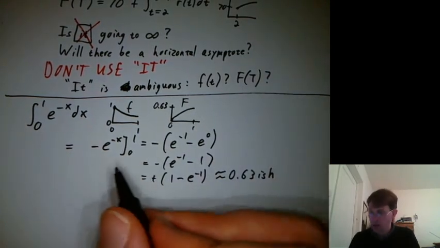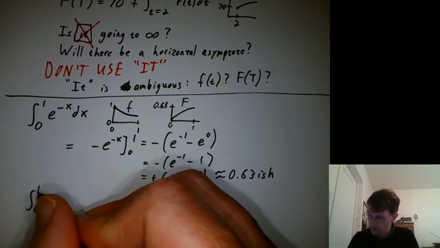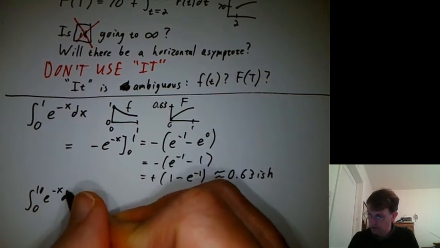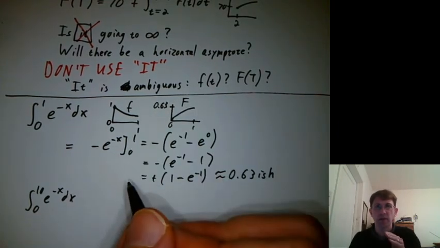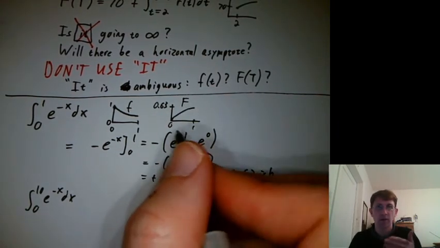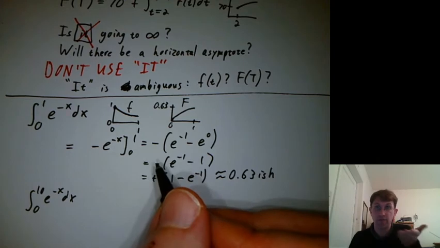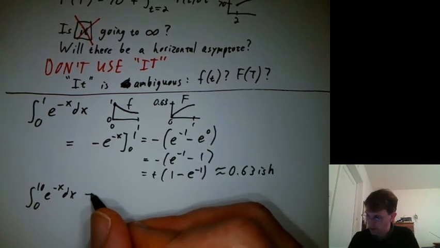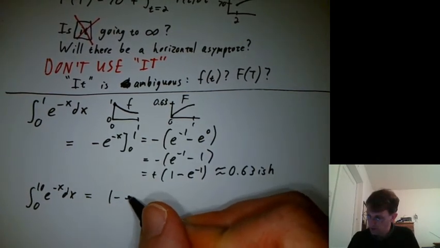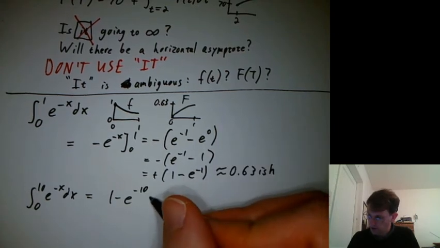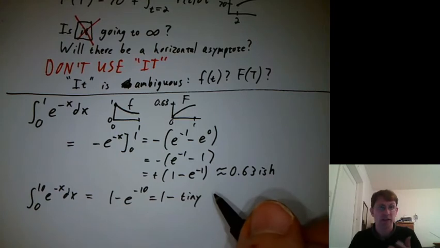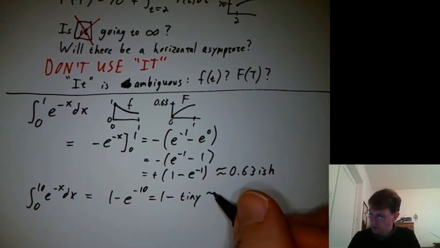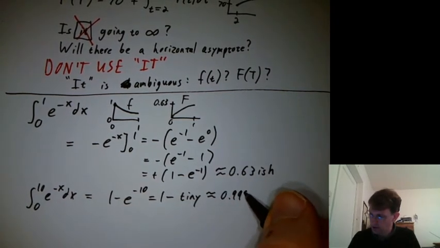So let's actually do that. Go ahead and do the integral 0 to 10 of e to the negative x dx. Do you need to repeat all this stuff, or can you just write down basically what we did but replace the 1 with the 10, the 1 in the power? So that would be 1 minus e to the minus 10, which I'm going to abbreviate as 1 minus tiny. E to the minus 10 is pretty small. So let's say that's 0.999-ish.